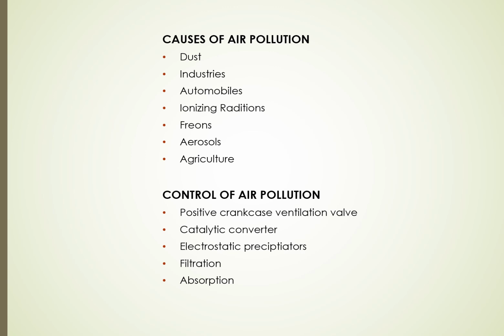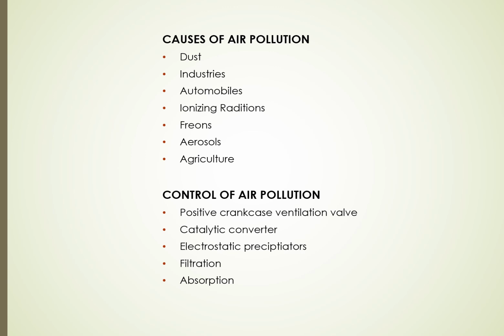Aerosols. Aerosols are small particles of solid or liquid substances suspended in the air. They block the stomata of plants and prevent the gaseous exchange between plants and atmosphere. They may also change the climate of an area. Agriculture. Hydrocarbons released by plants, pollen grains, insecticides, etc.